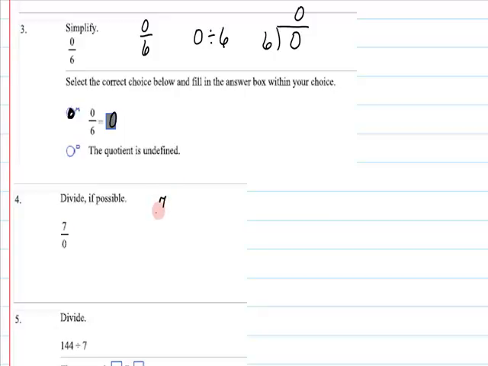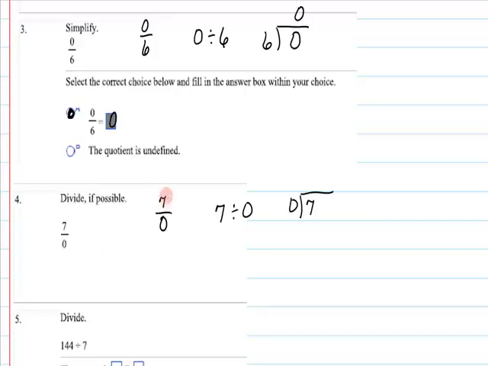Now the next one, we have to be real careful here. This one is 7 over 0, or 7 divided by 0, or finally 7 divided by 0. You cannot divide by 0. 0 cannot be the divisor.